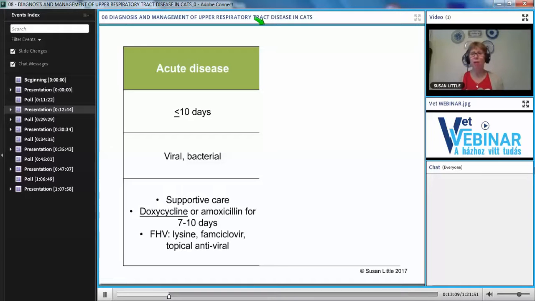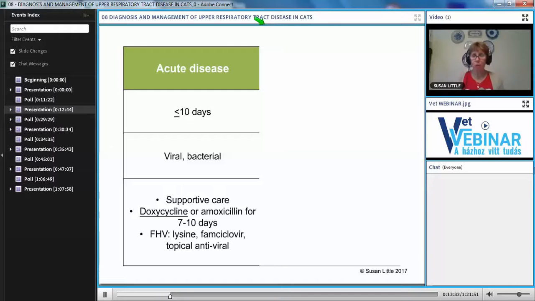So we may handle those patients a little bit differently. They are much more likely to have viral or bacterial causes of their disease versus some of the other things we might see with chronic disease, like a foreign body or a tumor or something like that. So these guys are more likely to have primary infectious disease, viral or bacterial.